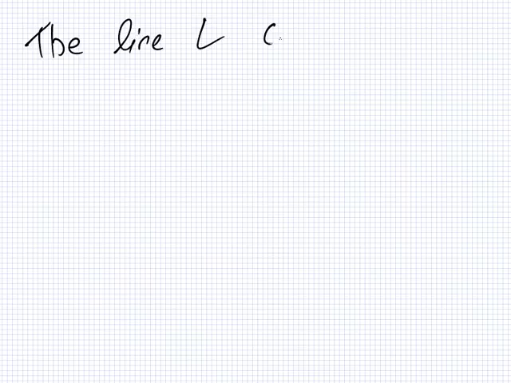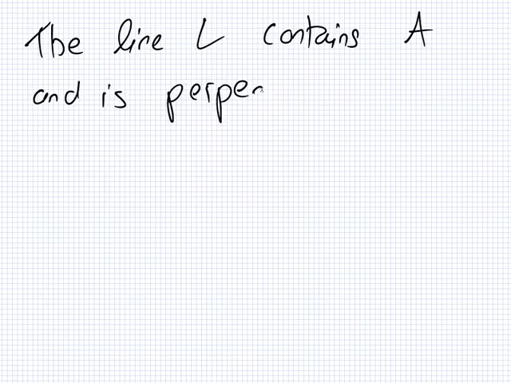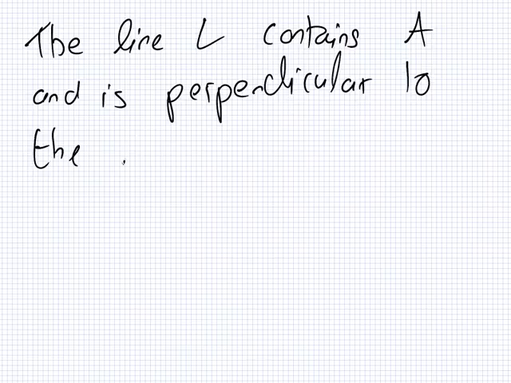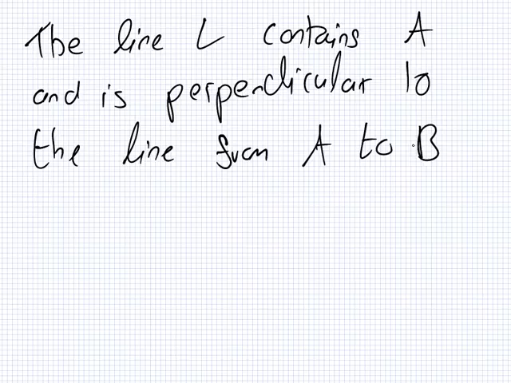The line L contains A and is perpendicular to the line from A to B. So the line L contains A and is perpendicular to the line from A to B.